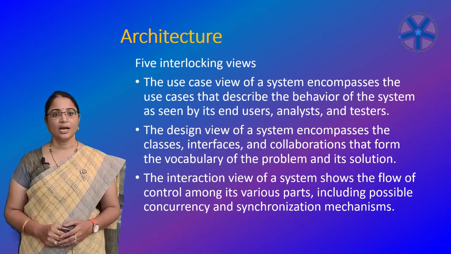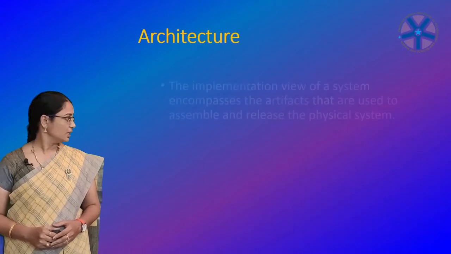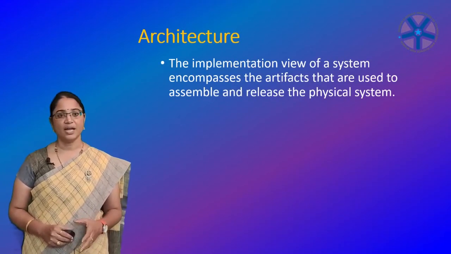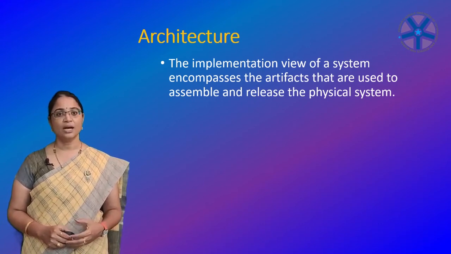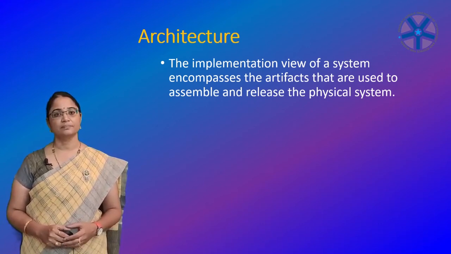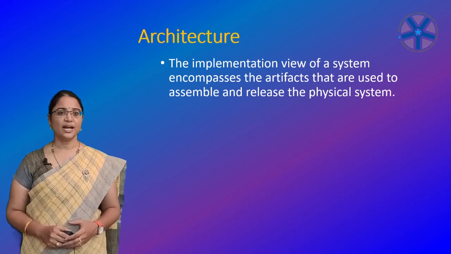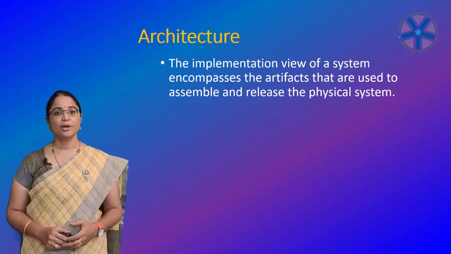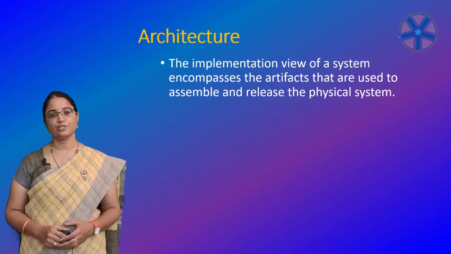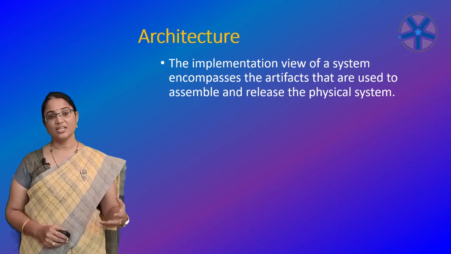them. And coming to the implementation view, a system encompasses the artifacts that are used to assemble and release the physical system. This view primarily addresses the configuration management of the system's releases made up of somewhat independent files that can be assembled in various ways to produce a running system.